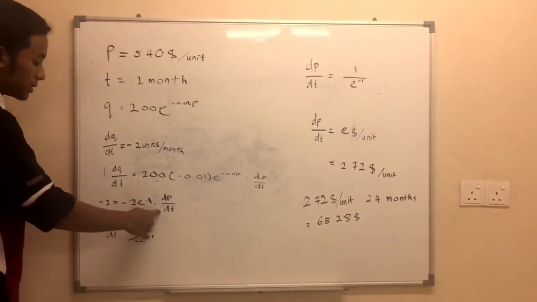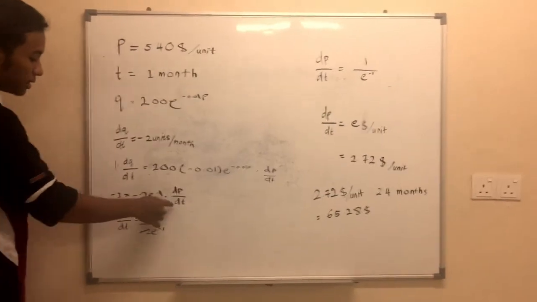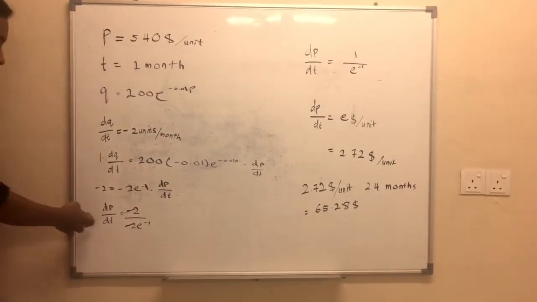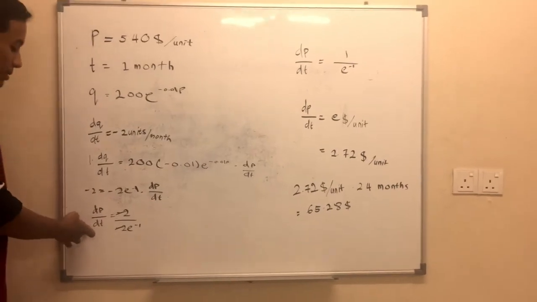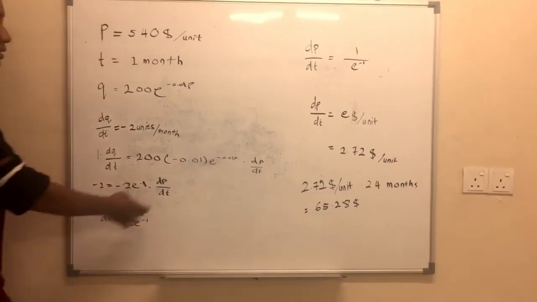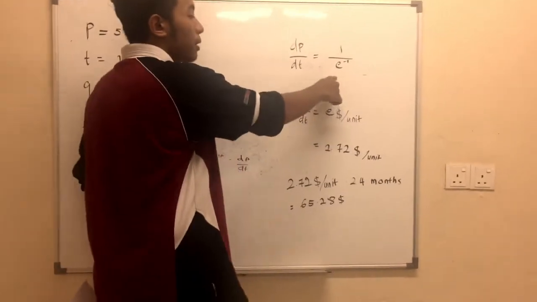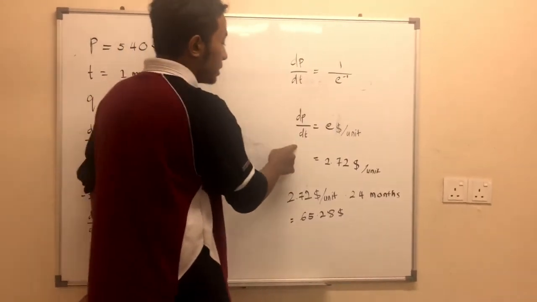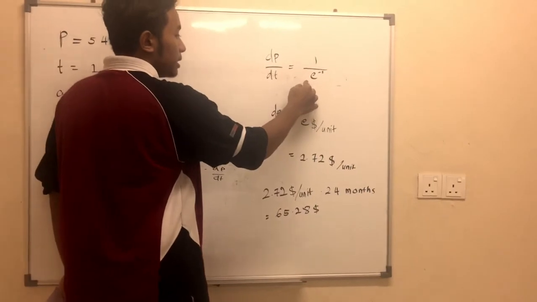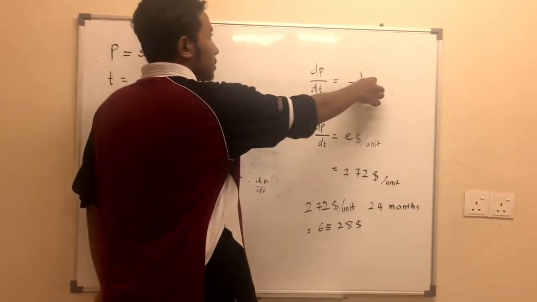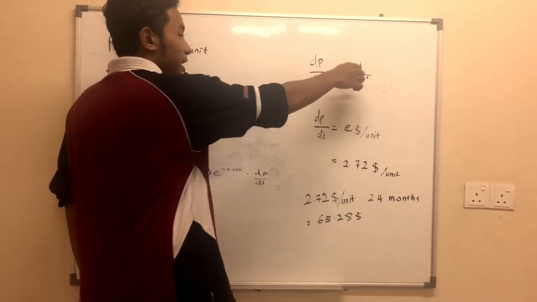Then we make dP over dt the subject. Then we get dP over dt equals 1 over e to the power of negative 1. Then this e here, we can bring to the numerator.